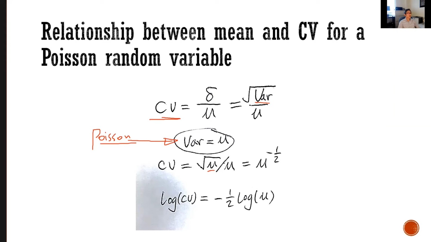In that case, this CV can be rewritten in this form, so only the mean is relevant. If we take a log across both sides, you will have negative 0.5 log mu for log CV, plus a constant value. So the log values of these two have a linear relationship.